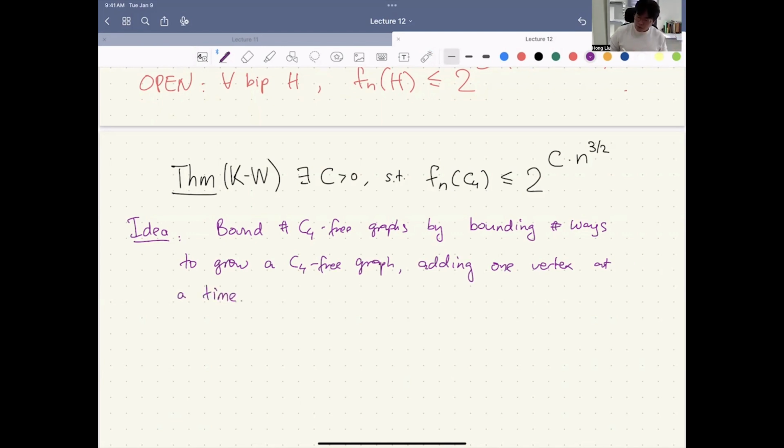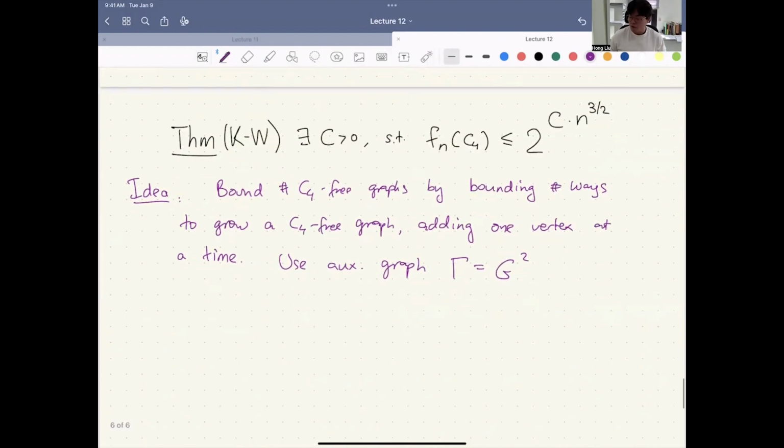And for the number of such ways to add, we will use an auxiliary graph Gamma, which turns out to be the square of the graph.